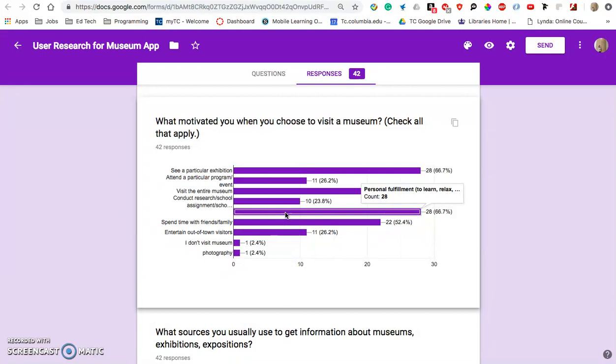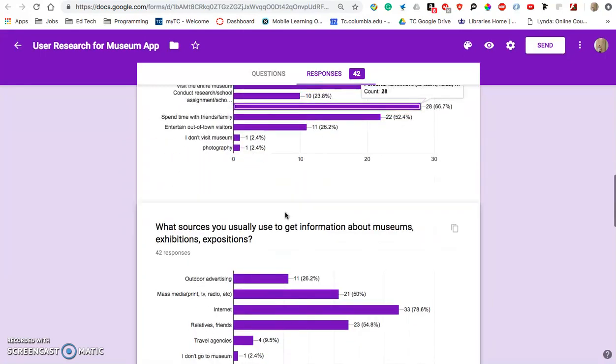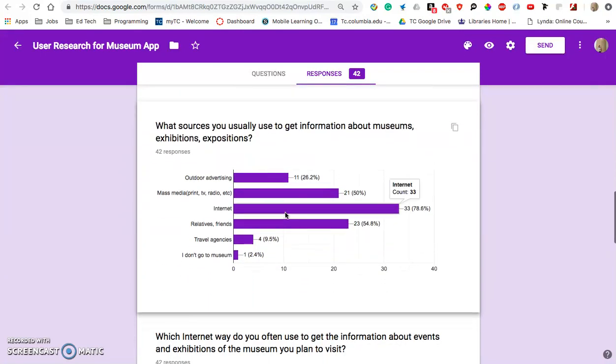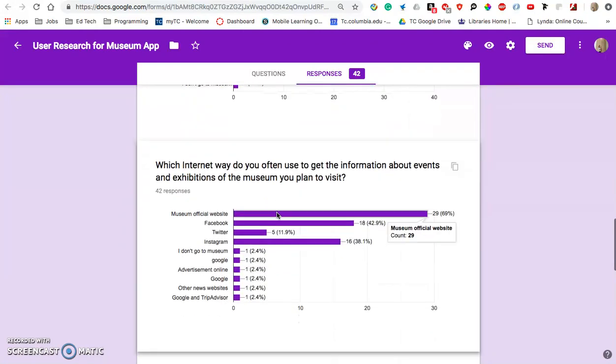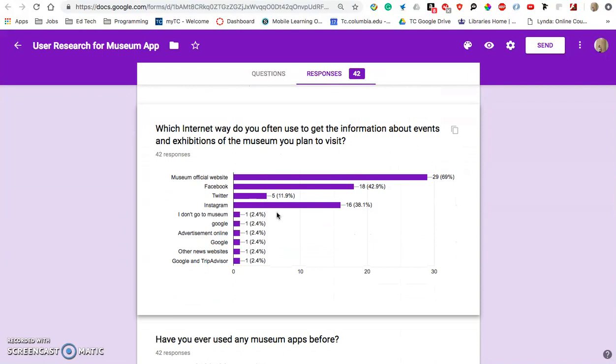Another thing I want to know is what kind of sources they usually use to get information about museums, and not surprisingly, most of them will use the internet.